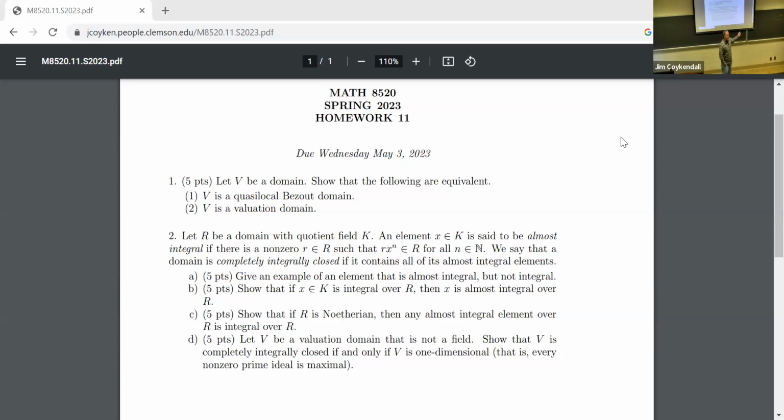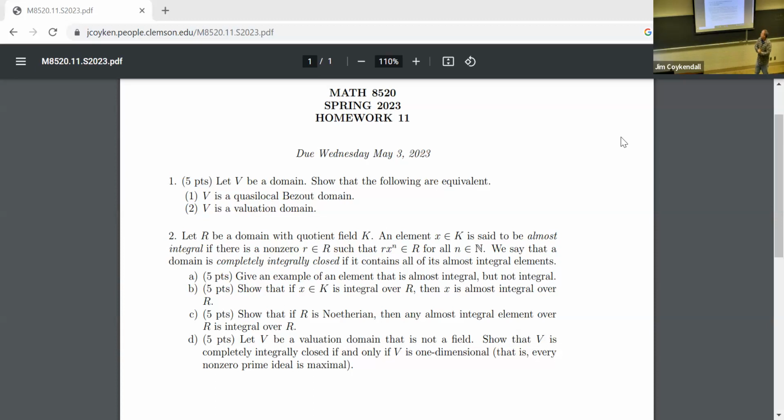So r is an element of the base ring, and r is so strong that it sucks in all powers of x, no matter how big. And we say, on the other hand, that a domain is completely integrally closed if it already contains all of its elements that are almost integral.